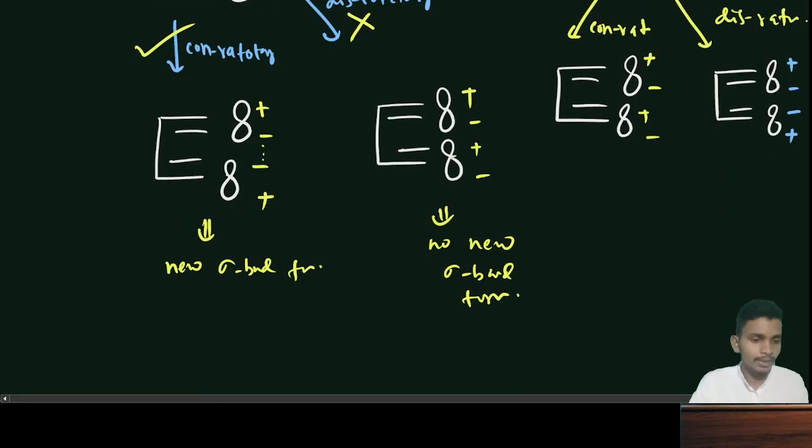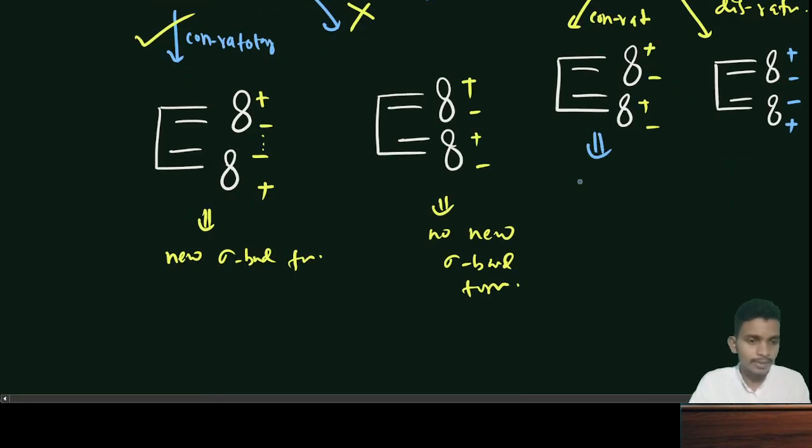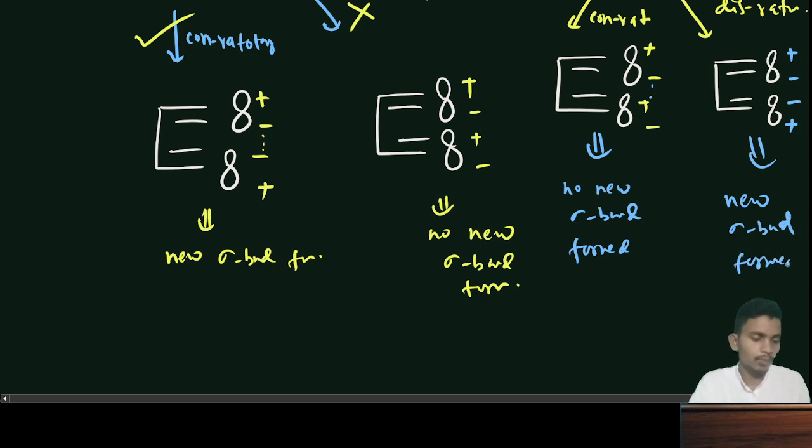So what you see here is no bond formation, because positive and negative do not form a bond, no new sigma bond forms. But here what you see is that a new sigma bond forms.